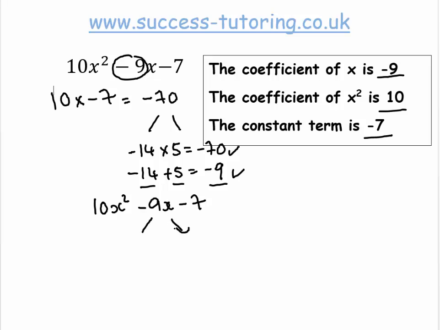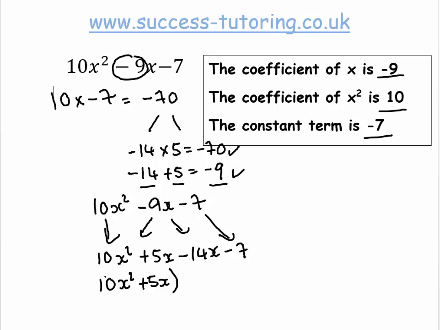I'm going to expand this out now. I'm going to write 10x squared. I'm going to put plus 5 because I know the 5 is related to that 10. Okay, plus 5x minus 14x, which I've taken from here, and then minus 7. So I've just brought that value down there and this 10 here. Okay, now I'm going to place it in brackets.